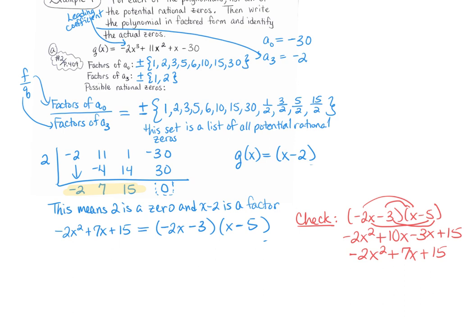It says, then write the polynomial in factored form and identify what? The actual zeros, right? So if we're writing the polynomial g of x in completely factored form, what goes here? We have x minus 2 times what? We just put what?